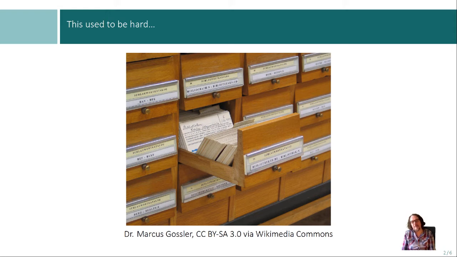Because the librarians that actually did this were becoming very knowledgeable scholars in their field. So they really understood how literature was connected. And if you were lucky to work with an excellent librarian, then you could actually benefit tremendously from her or his knowledge of the body of literature.